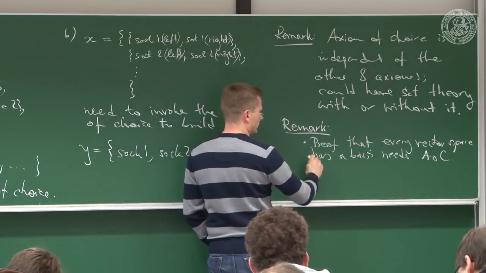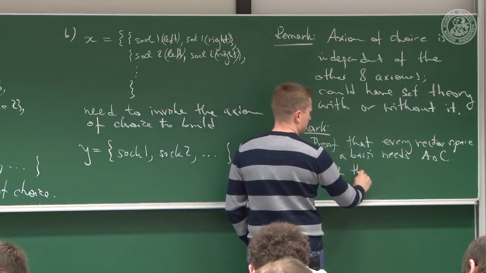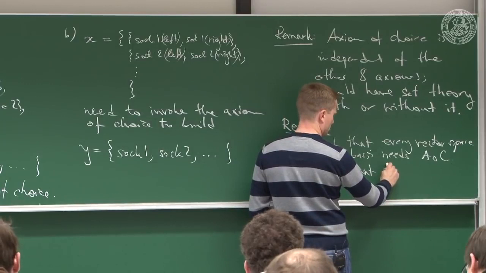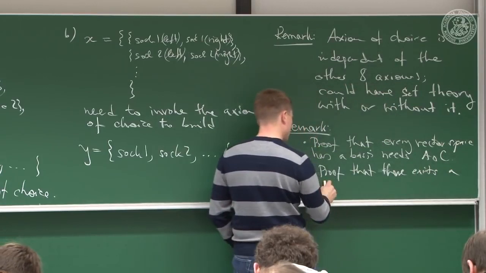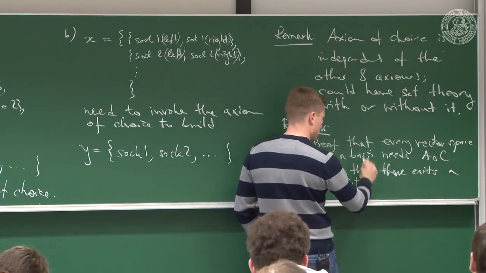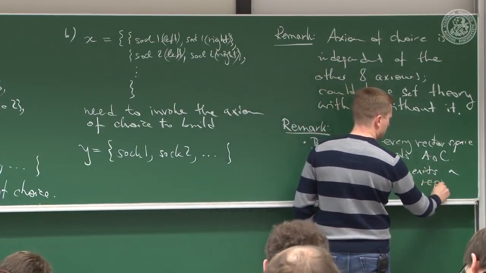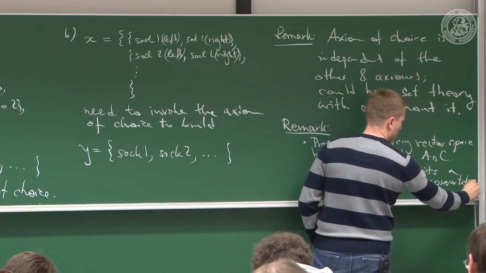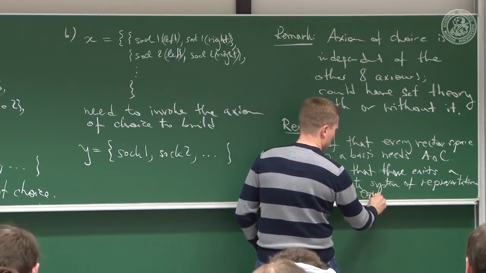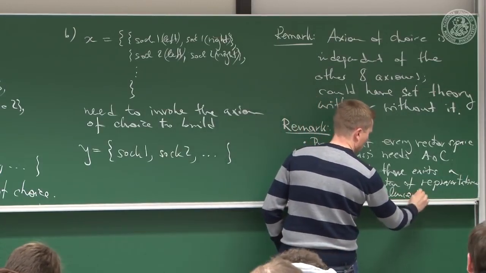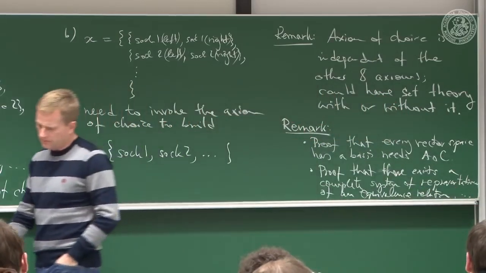And also the proof that there exists a complete system of representatives of an equivalence relation also requires the axiom of choice.